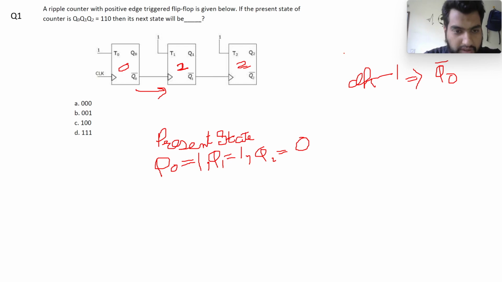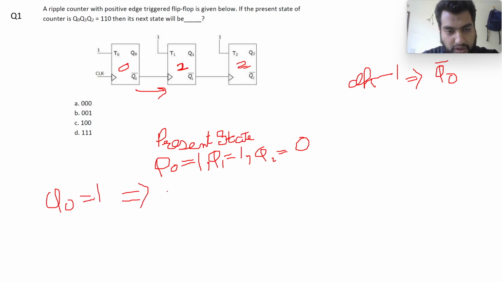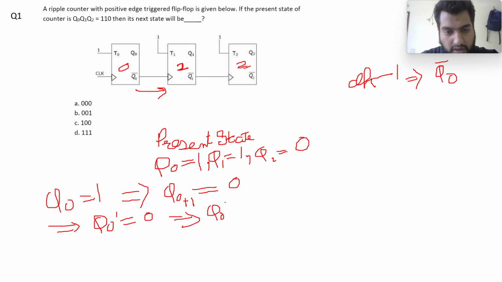Since the clock is positive edge triggered, Q0, which was 1, will transition from 1 to 0. Let me write Q0 plus 1, which means the next state will be 0. That implies Q0 complement, which was 0, will make a transition to 1, so there will be a positive edge here. As a result, there will be a transition in the flip flop labeled 1. Q1 was 1, so it will make a transition to 0, and Q1 complement, which was 0, will make a transition to 1.